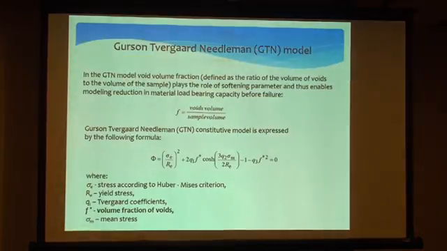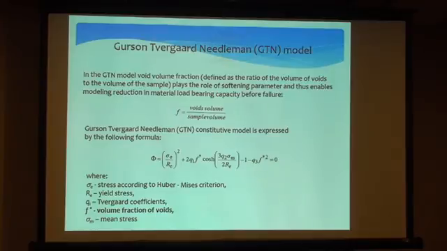In the literature, we can find many models that describe plastic material behavior in terms of development of voids. But I focused on the Gurson-Tvergaard-Needleman material model, in short the GTN model, and now I'd like to explain why. First of all, this model is recommended by the Eurocode standards for analysis of structural members operating under pre-failure conditions.